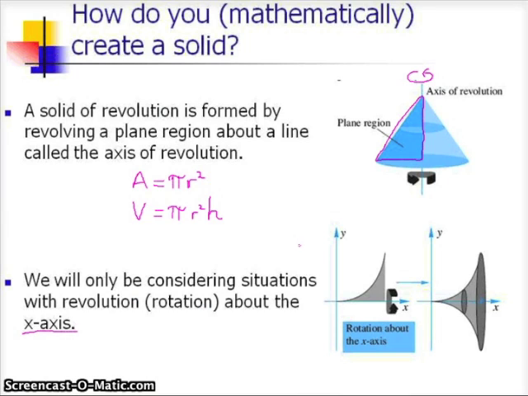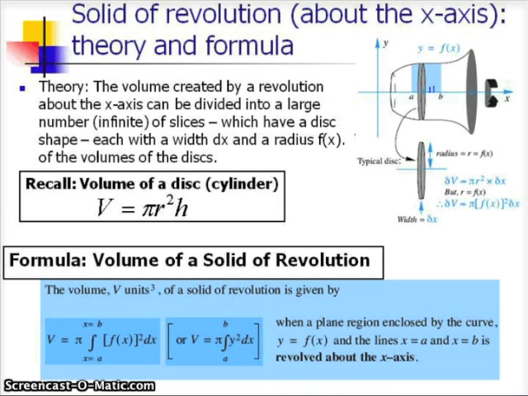Right, so let's look at some details. It's actually very similar to what we were doing when we were calculating the area under the curve. Remember, the theory was that if we make these tiny wee slices underneath the curve, then we can calculate the area of each slice, and the total area under the curve is what you get when you add up all the little slices.